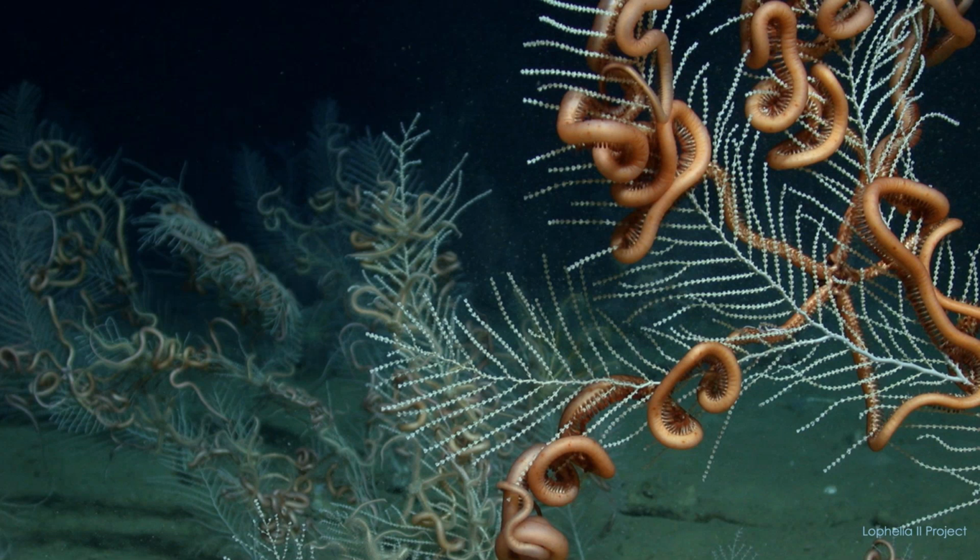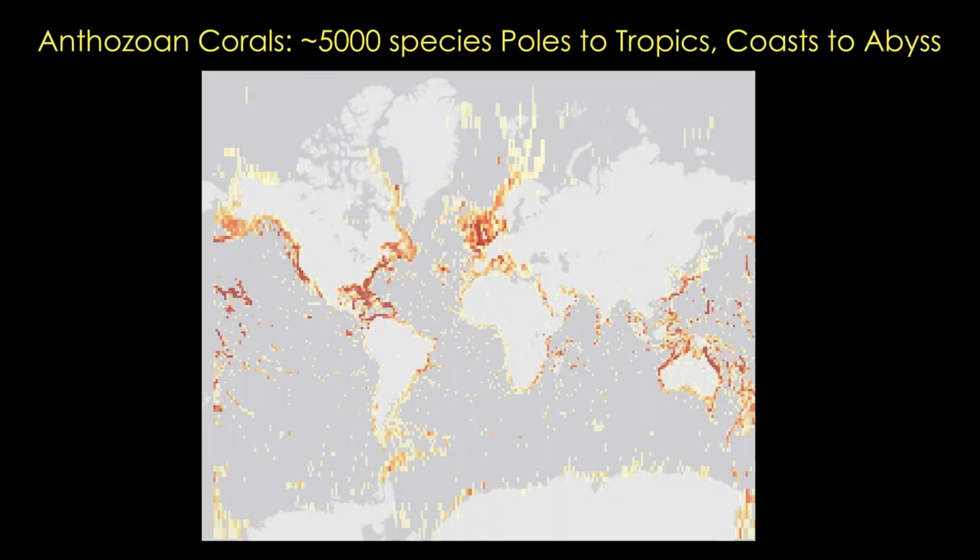Some of these associations can be facultative to obligate and often mutualistic in many cases. So when I'm considering a coral, or all the anthozoan corals, there are approximately 5,000 species of anthozoan corals. They occur from the poles to the tropics, from the coasts to the abyss at depths of more than 6,000 meters.